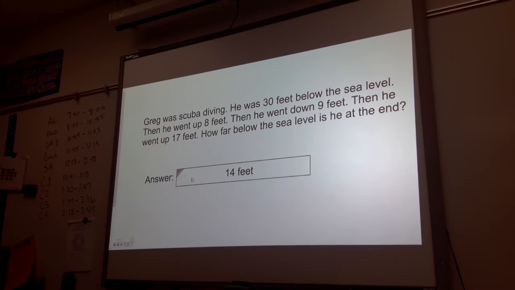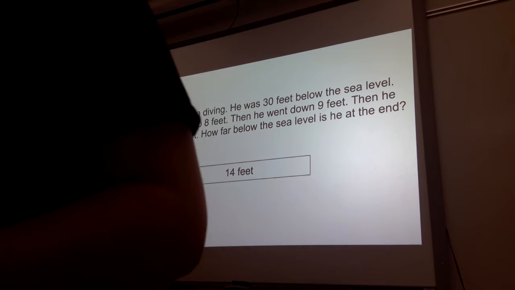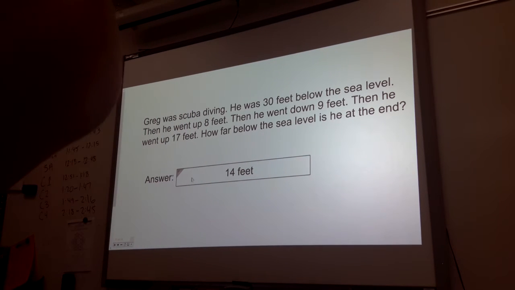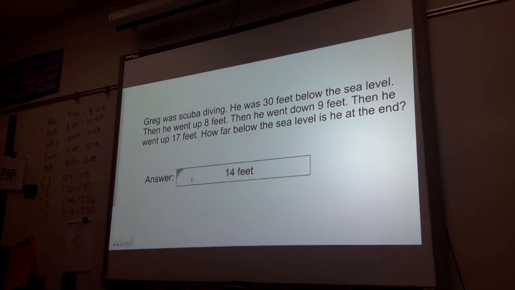I am passing out the exit slip. After I pass out the exit slip, I am passing out your homework. Your homework is actually to fill out some notes. Okay, it's not on a video.